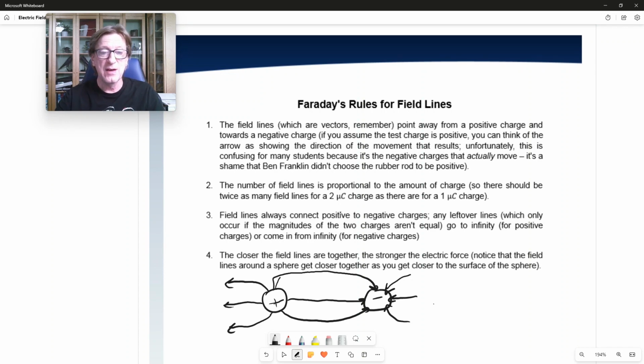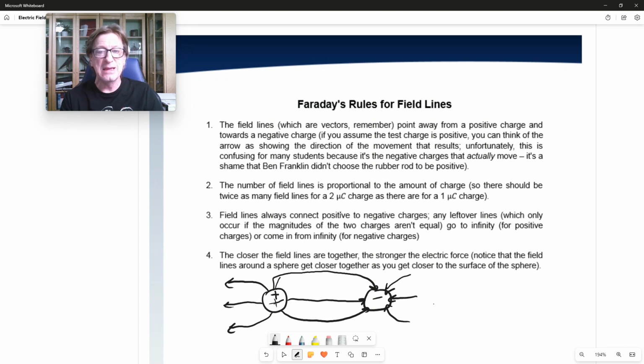Now, let's say I've got a positive 2, so let's say I've got 2 positive charges here. That means I need to have twice as many field lines coming out of here as would be going into here. Well, okay, that means if I've got 6, I've got to have 6 more field lines coming out of here, but they cannot land on the negative charge. So field lines always connect the positive to the negative charges, and here's where we can deal with that.